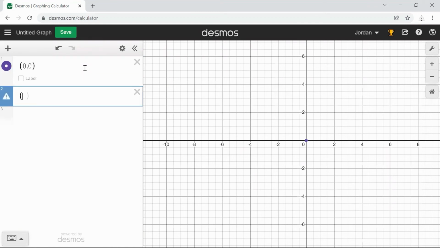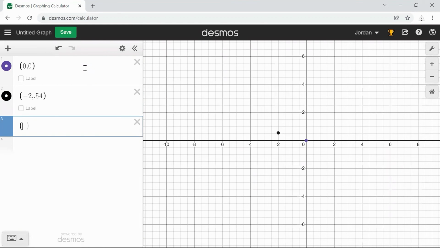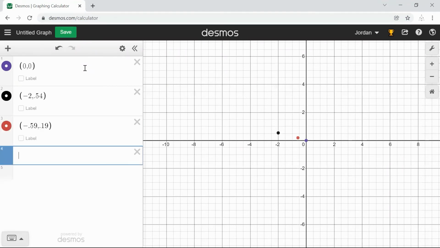The other is the point approximately -2, 0.54. I have 2 points of inflection, one of which is -0.59, 0.19, or at least approximately that. And the other is -3.41, 0.38.